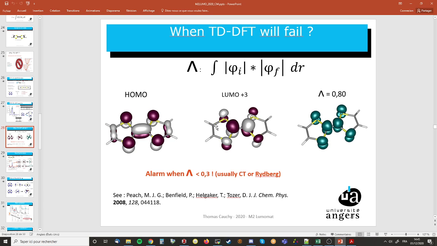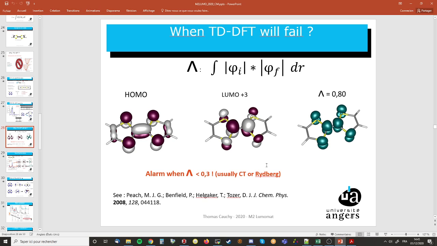That means that here you have no contribution or a really low contribution. So this is 0 multiplied by this, it's 0. So here we have an electron, we have a wave function here also. That means that in the product you will have it. This overlap is between 0 and 1. And that means here that you have 80% of overlap.